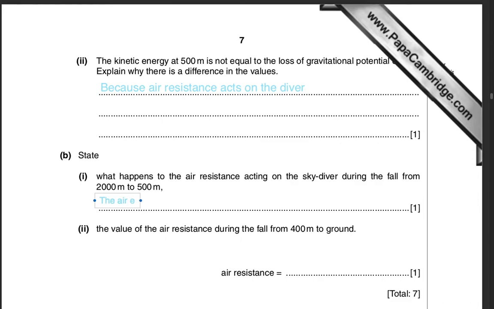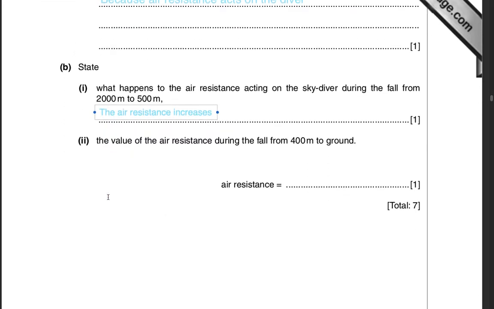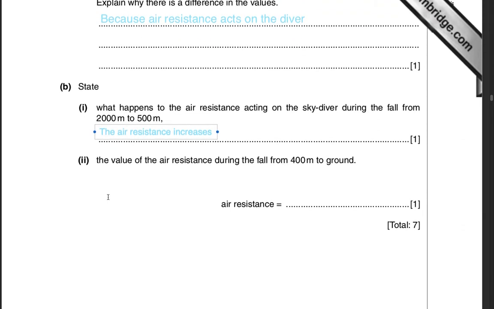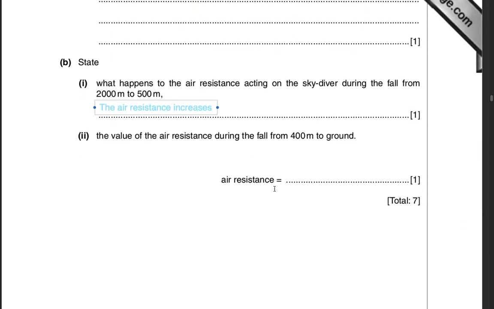Then the value of the air resistance during the fall from 400 meters to the ground: air resistance is equal to weight, which is mass times gravitational field strength, 92 times 10, which is 920 newtons. Check.